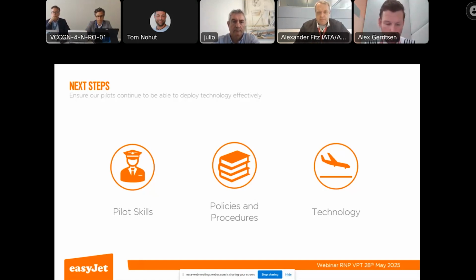So in our manuals, that does bring a challenge which we're working on. In the background, the approach validation, as Francisco talked about, is vital. So in our oversight, the FOSA type program that we need to have for RNP VPT approaches is also critical. So it's not just for the pilots, but in the background we're also developing our procedures.